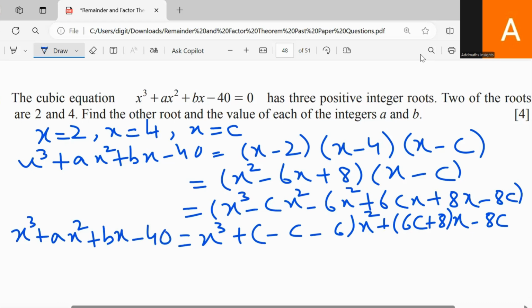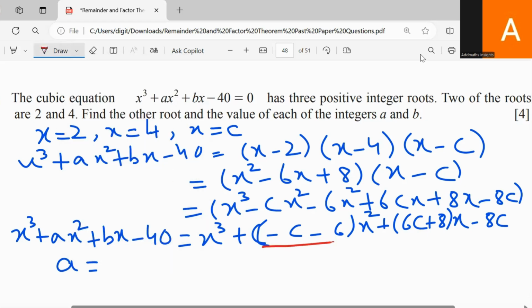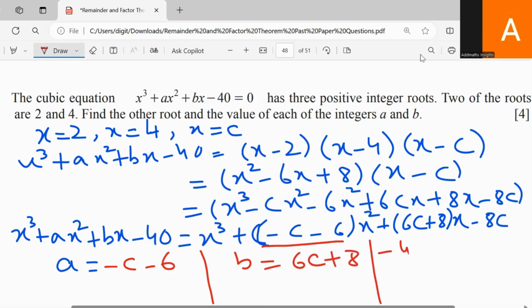The coefficient of x cubed is 1 on both sides, and the coefficient of x squared is a on one side, and on the other side it is minus c minus 6. Similarly, the coefficient of x is b, and on the other side it is 6c plus 8, and the constant is minus 40 on the left-hand side, and on the right-hand side it is minus 8c.